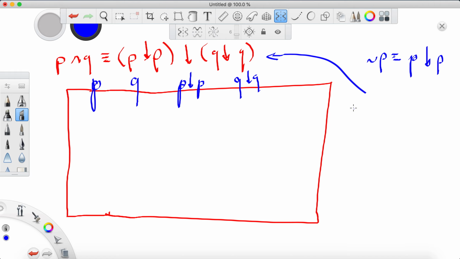This is really just the same thing as neither not P nor not Q. And that's a lot easier to work with. So let's go ahead and do that instead.